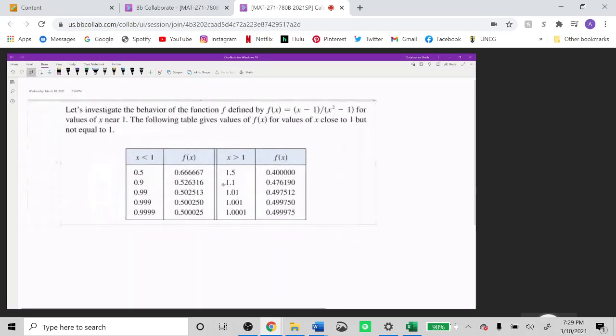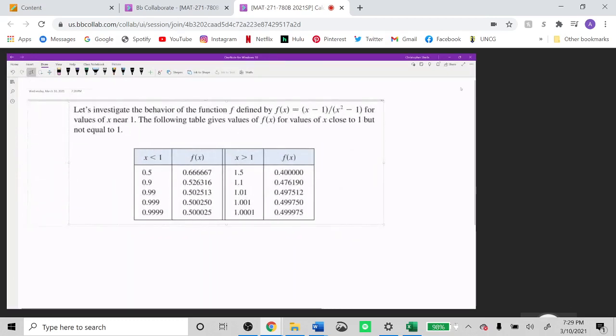Let's investigate the behavior of the function f defined by x minus 1 divided by x squared minus 1 for values of x that are near 1. This following table gives values of f of x for values of x that are close to 1 but not equal to 1.